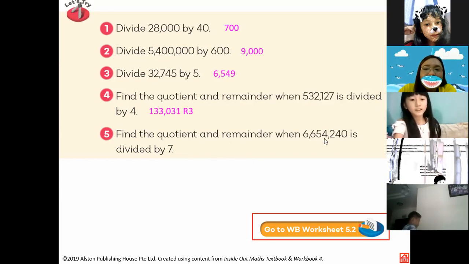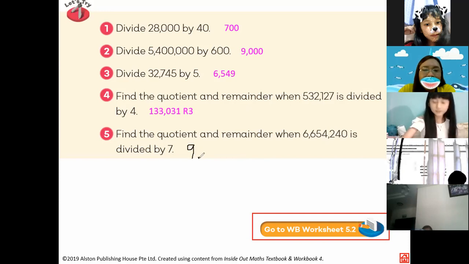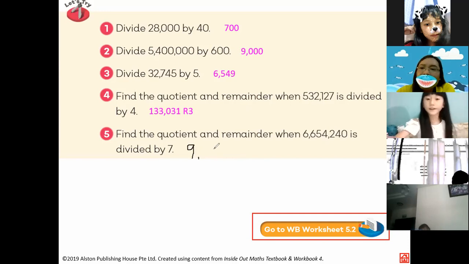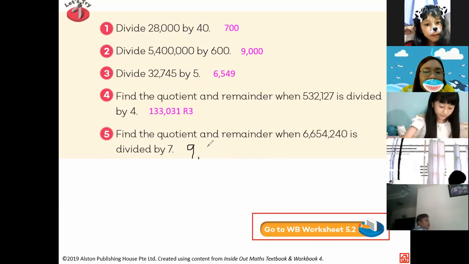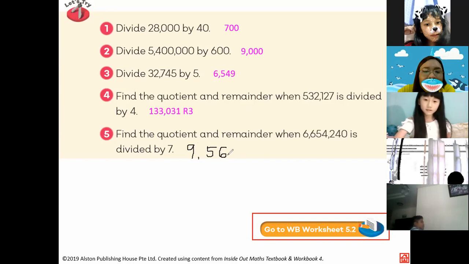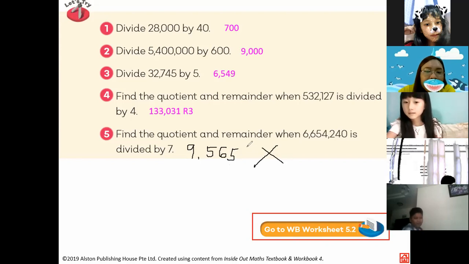Teacher, give me. Okay, Alpha, what's your answer for number 5? 9,565, remainder 5. Again, one more time, please. 9,565, remainder 5. This one is wrong.